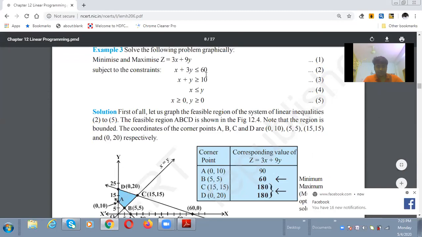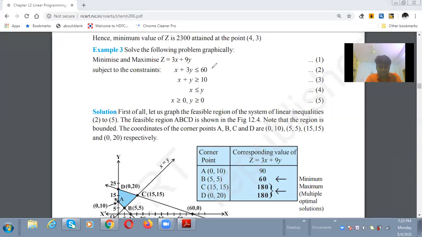First of all, we have to convert these into equalities. x plus 3y equals 60. If I have x plus 3y equals 60, what are the points? What is the point on the x-axis for this? One point on the x-axis is 60 comma 0. Similarly, we should take one point on the y-axis also.